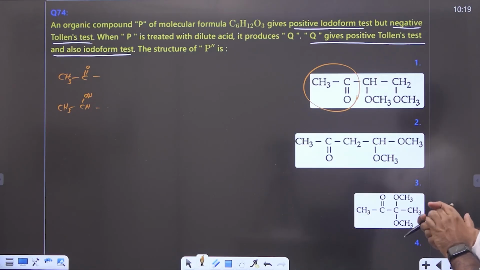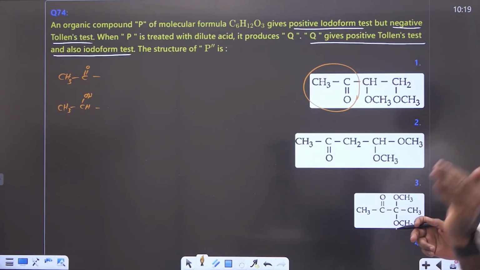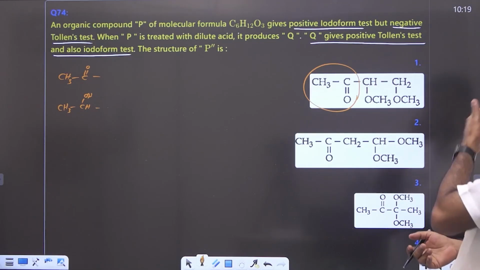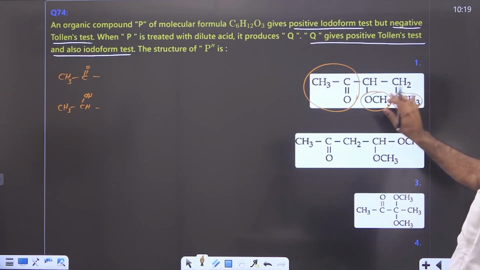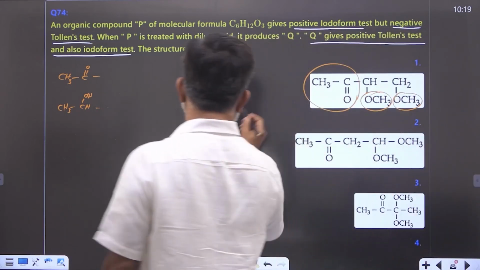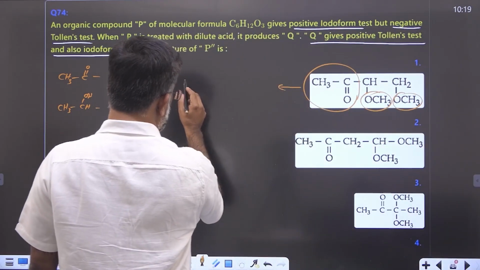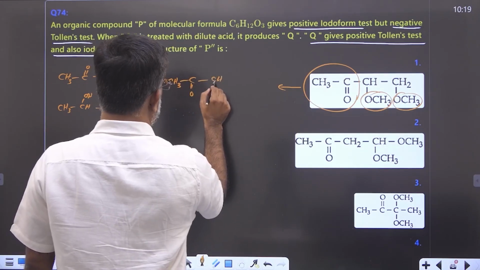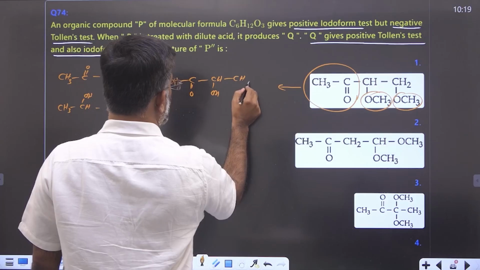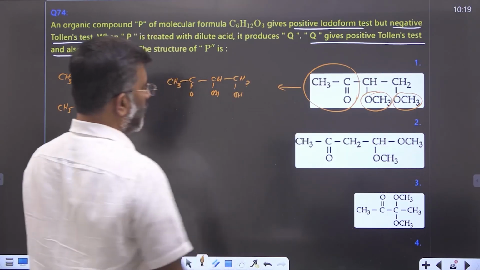It gives a positive iodoform test but a negative Tollens test. When P is treated with dilute acid, it produces Q. Q gives a positive Tollens test and a positive iodoform test. See, here upon hydrolysis, this will be converted to OH groups, and those are vicinal OH groups. So the given molecule, when it undergoes hydrolysis, you will get CH3, CO, CHOH, CH2OH, right?